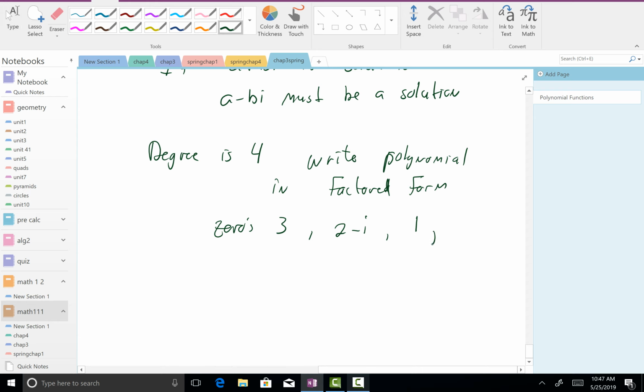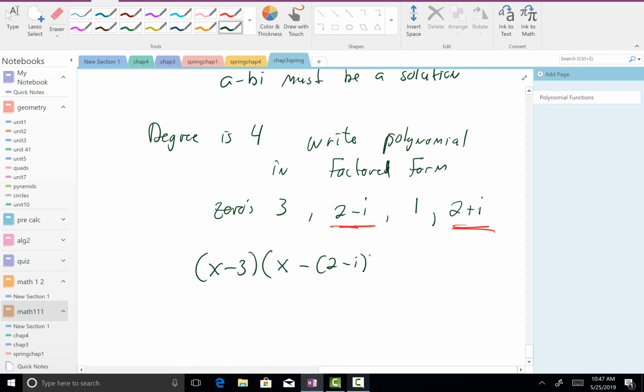Okay? We can write this in factored form now just by doing this. x minus 3, x minus 1, x minus 2 plus I, x minus 2 minus I. There it is. Okay?